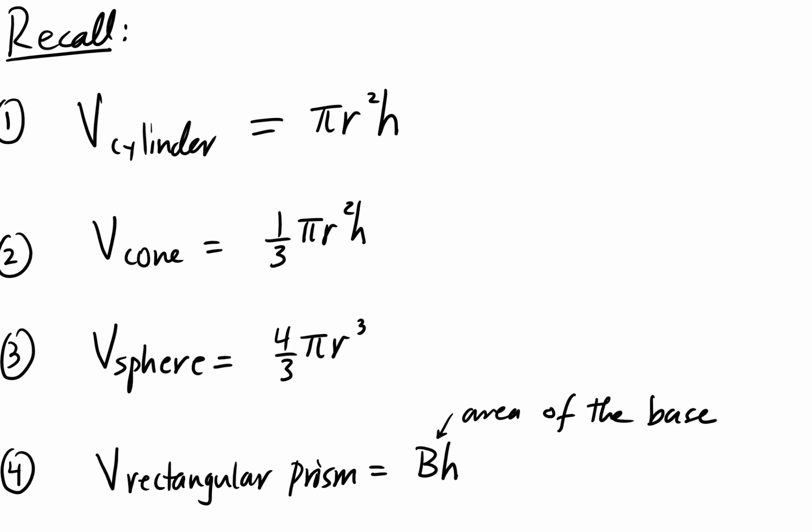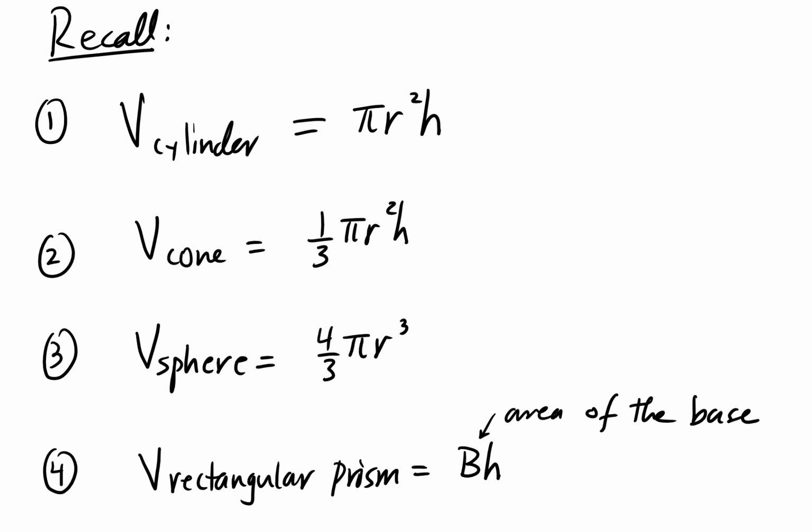In a lot of cases, sometimes they give you the formula within the problem. Like they tell you the formula for the volume or surface area, they give it to you 90% of the time.